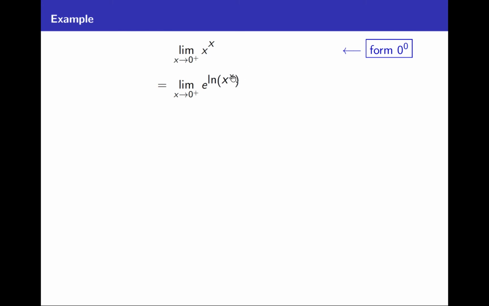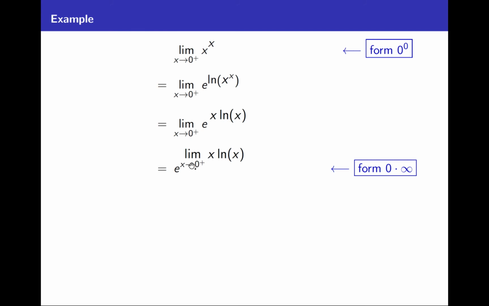And then we're going to use an ln property to bring this x down in front of the ln. So there we go. And next, let's bring this limit up to the power there. So we get e raised to the power of the limit as x goes to 0 from the right of x ln of x.